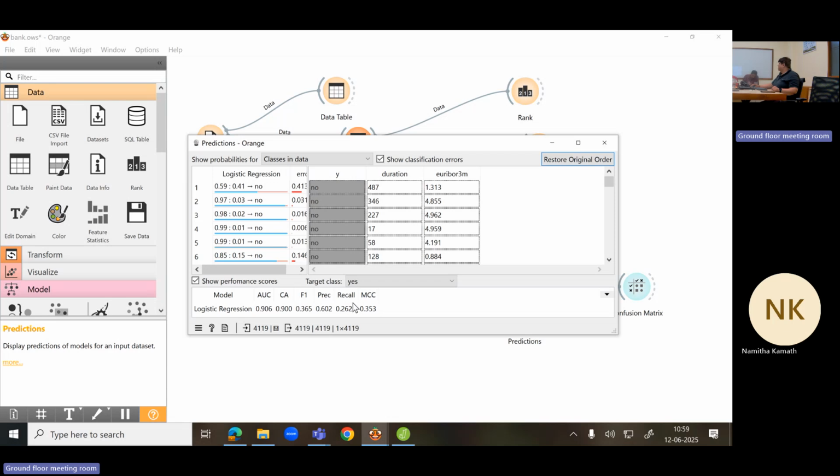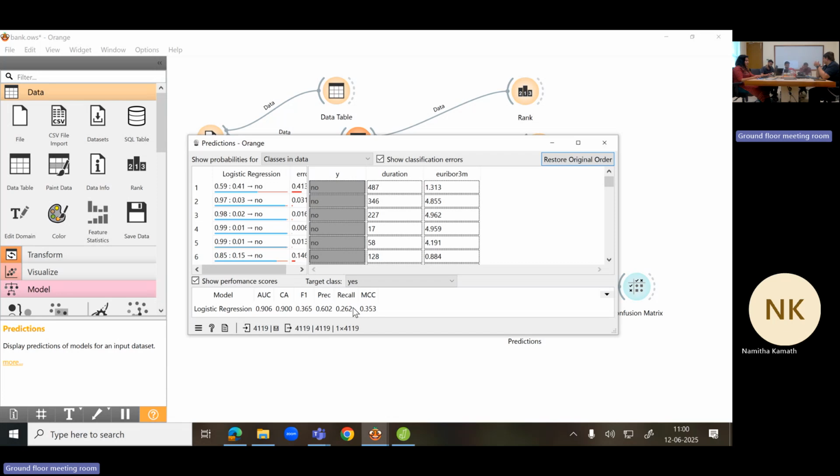Harmonic mean is what? 2AB upon A plus B. So it is 2 into precision into recall divided by precision plus recall. So it is a harmonic mean of that.